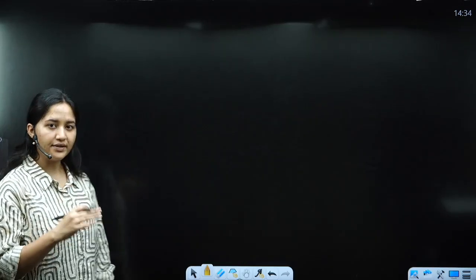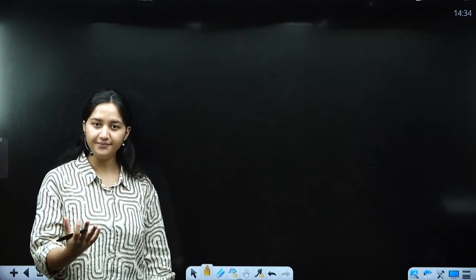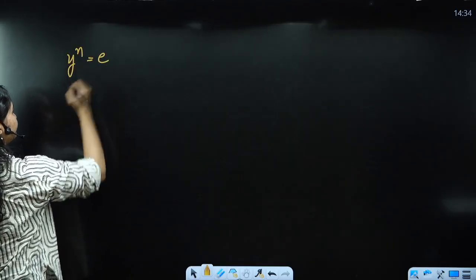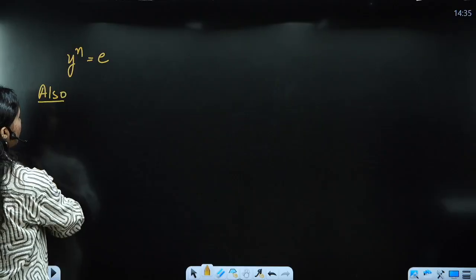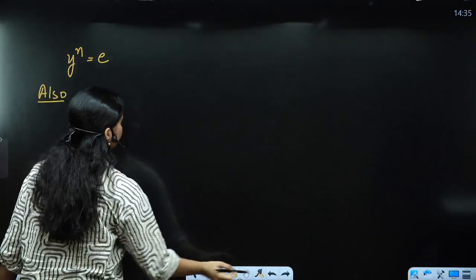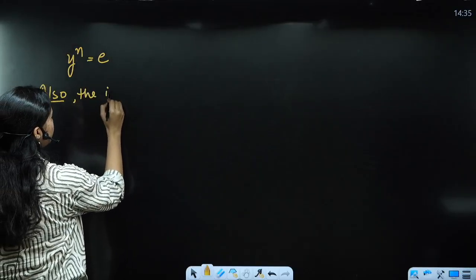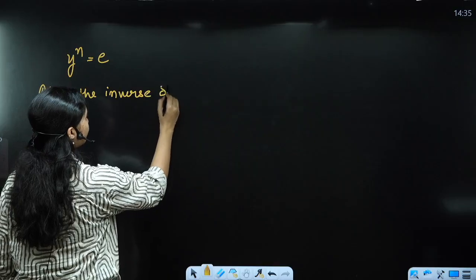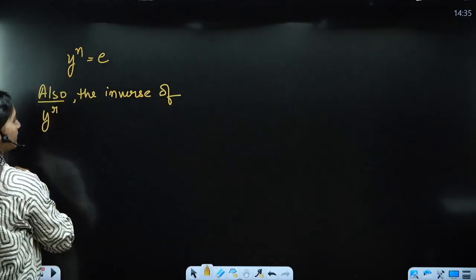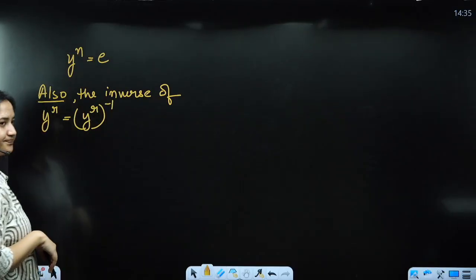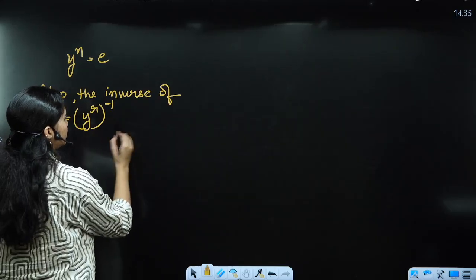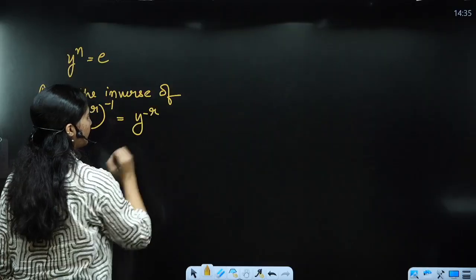All right. Now if the order of y is equal to n, can I write it as y raised to the power n equals e, right? Also, the inverse of y raised to the power r is y raised to the power r, raised to the power minus 1, which is nothing but y raised to the power minus r.